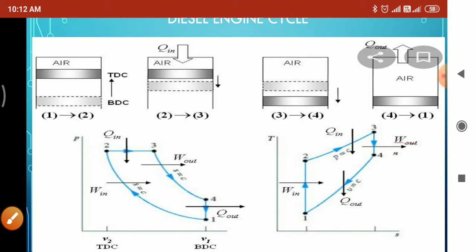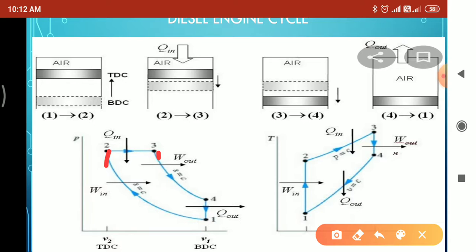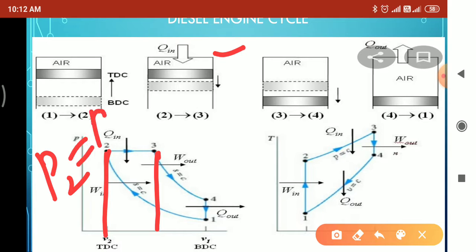Then process number 2, from 2 to 3. Consider this cylinder. The air expands from V2 to V3, which means volume increases from V2 to V3 while pressure is kept constant, that is P2 equals P3, and temperature increases from T2 to T3. This is the amount of rise in temperature.